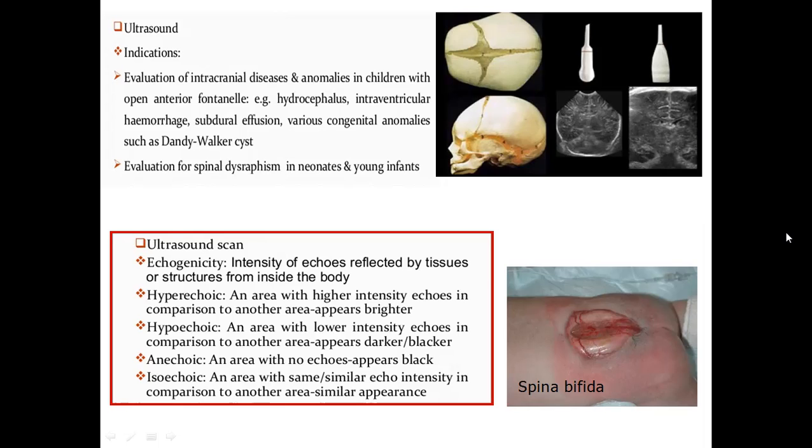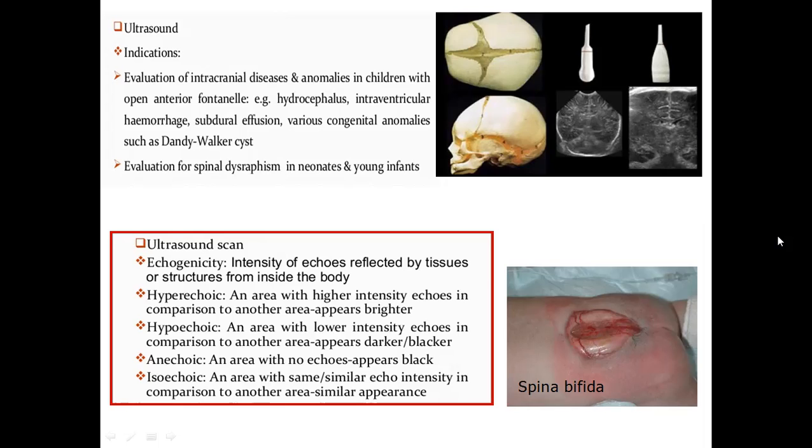Terminology used to describe ultrasound findings. First of all, echogenicity, or intensity of echoes reflected by tissues or structures from inside the body. We call hyperechogenic an area with higher intensity echoes in comparison to another; it appears brighter.